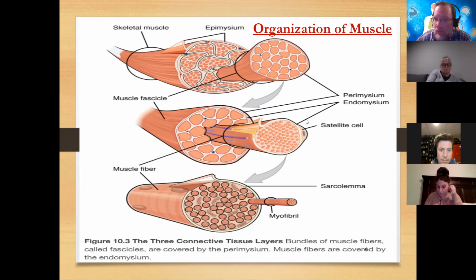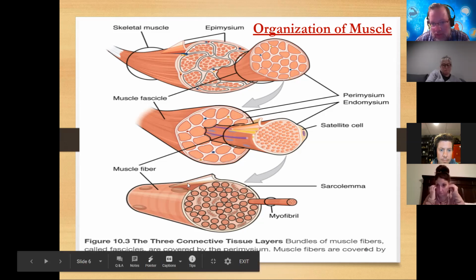The endomysium is what surrounds a muscle fiber, and a muscle fiber is a muscle cell. It's a distinct, odd looking cell, but it is a muscle cell. And each of these muscle fibers, notice it has multi-nucleated features. This is a nucleus, this is a nucleus, this is a nucleus.